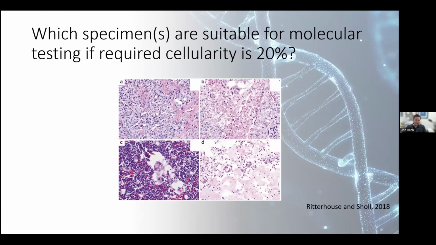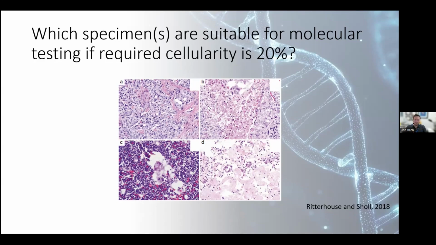So if we go forward and say we have more of a modern type of assay, which specimens are suitable for molecular testing if cellularity of 20% is a requirement? By default, we know A is right, but are any others going to sneak in? I think B still has too much necrosis, so again, I don't think it is a suitable specimen.